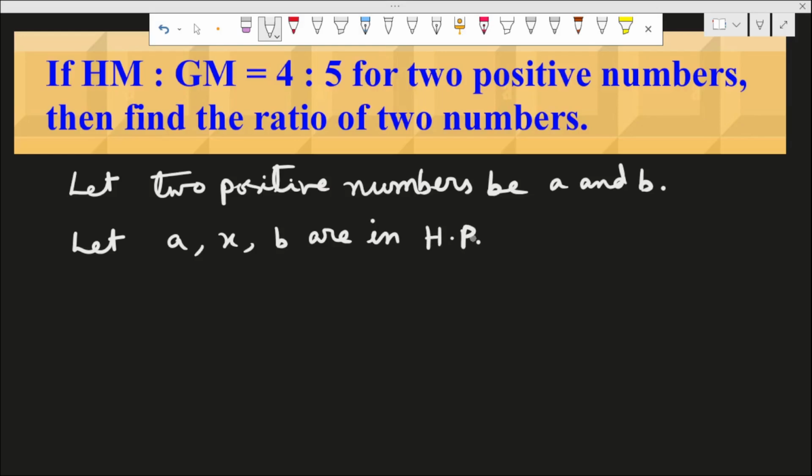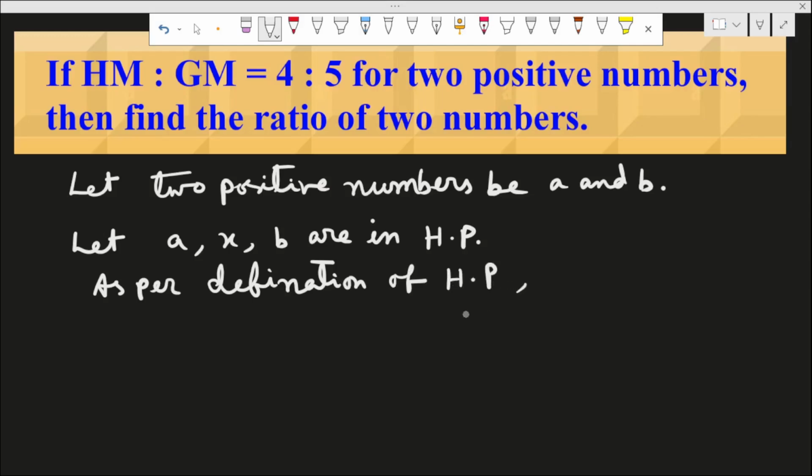As per the definition of harmonic progression, 1 by A, 1 by X, 1 by B are in AP.